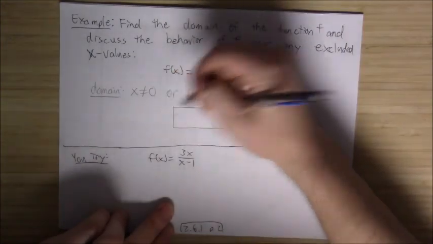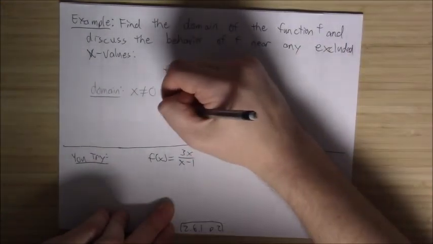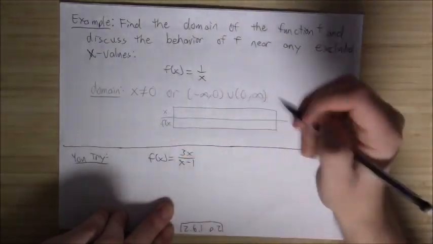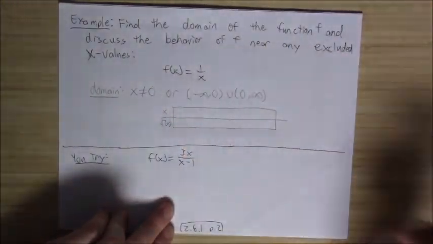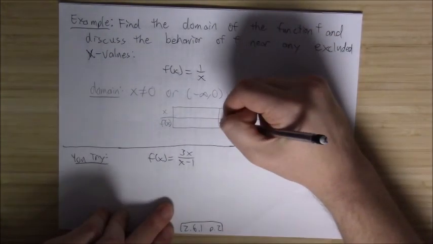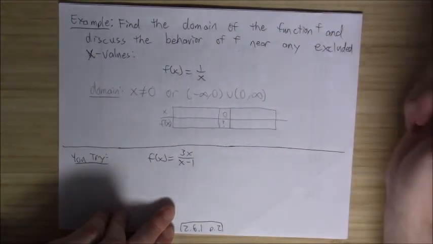So let's look at some x values, and then we look at f of x as well. The question is what happens at 0, right? Well, let's take values from either side and see what happens.